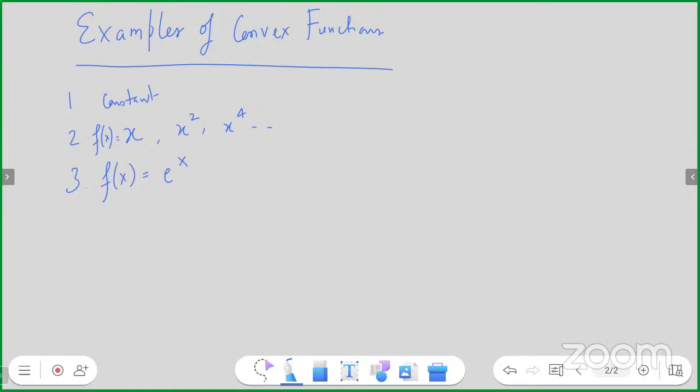So compared to e to the minus x, how does 1 by x look like? Can you compare e to the minus x with 1 by x? The power x is increasing.